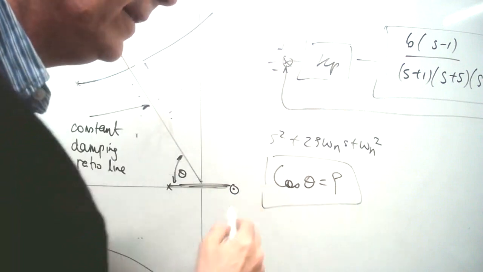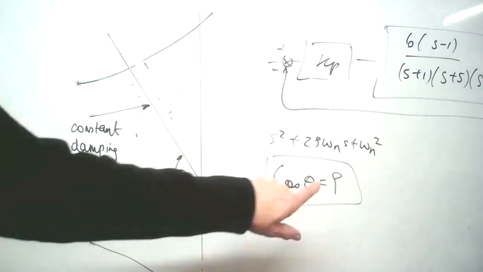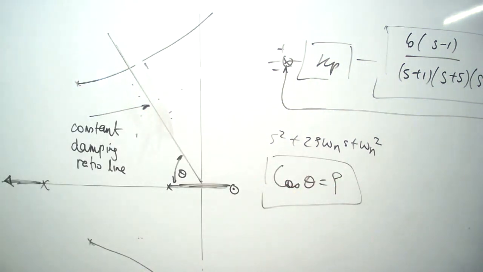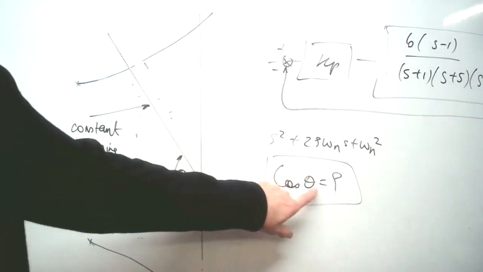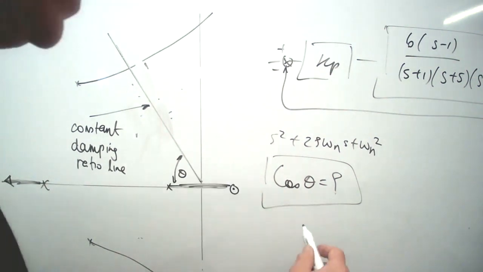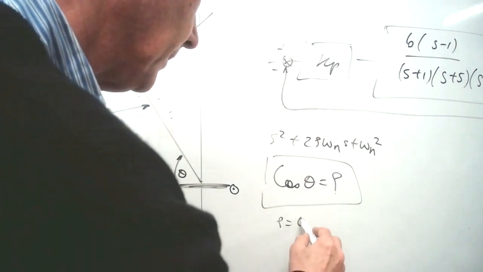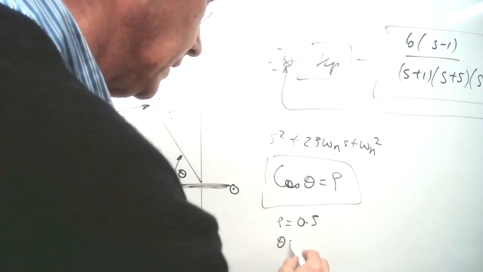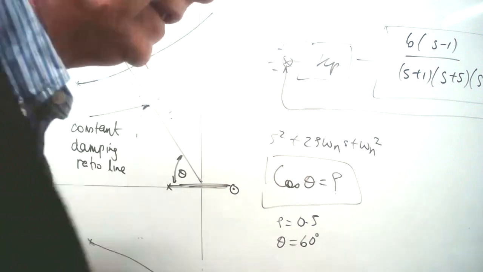There's the little equation that relates damping ratio to theta. Now, for a lot of flight control systems, a damping ratio of 0.5 isn't too bad. It's not brilliant, but it's not too bad. So if the damping ratio is 0.5, cos of theta is 60 degrees. So if damping ratio equals 0.5, theta equals 60 degrees.